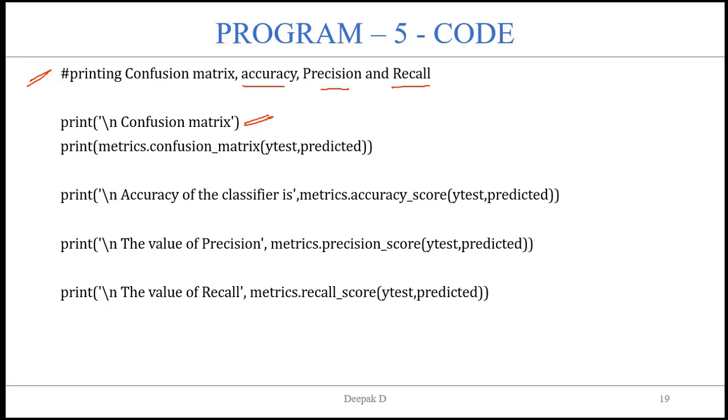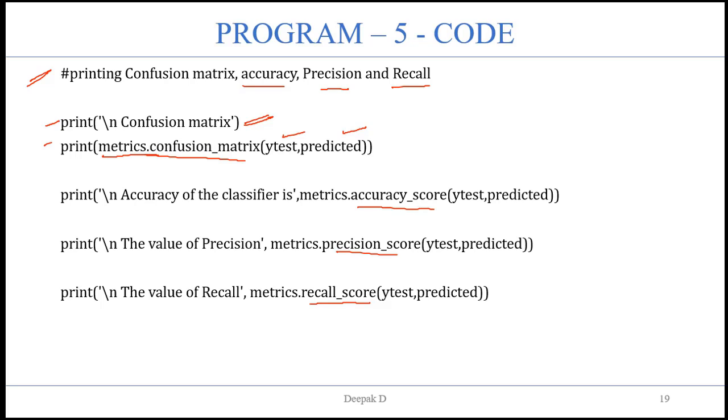So I use metrics dot confusion matrix, y test and also predicted. Similarly, I use the accuracy score, precision score and recall score. I will explain in detail how to derive the recall, precision and the confusion matrix.